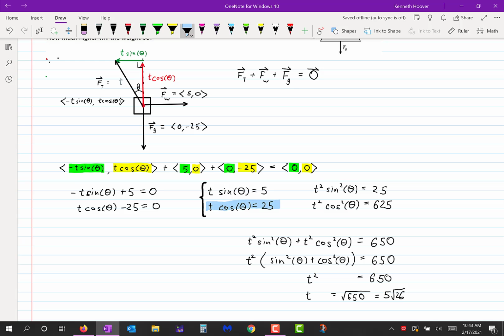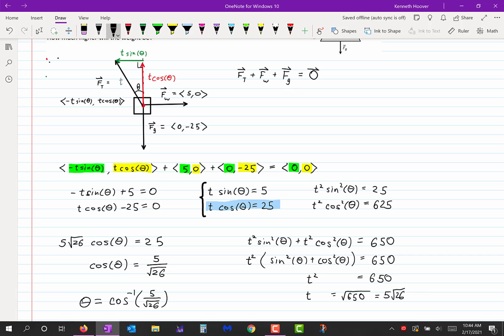I have t cosine theta equals 25. And now I know how strong t is. So I can write now 5 root 26, that's t, times cosine theta equals 25, which means cosine theta equals 5 over root 26, which means theta is the arc cosine of 5 over root 26.